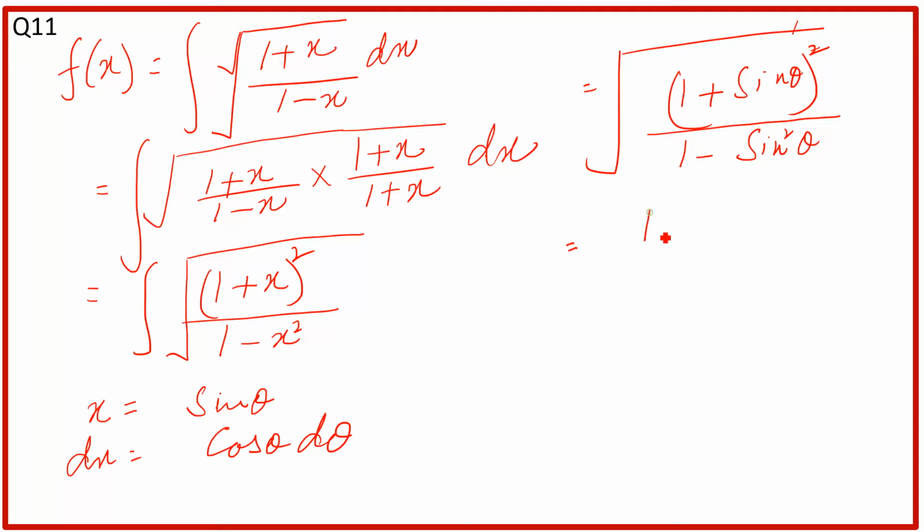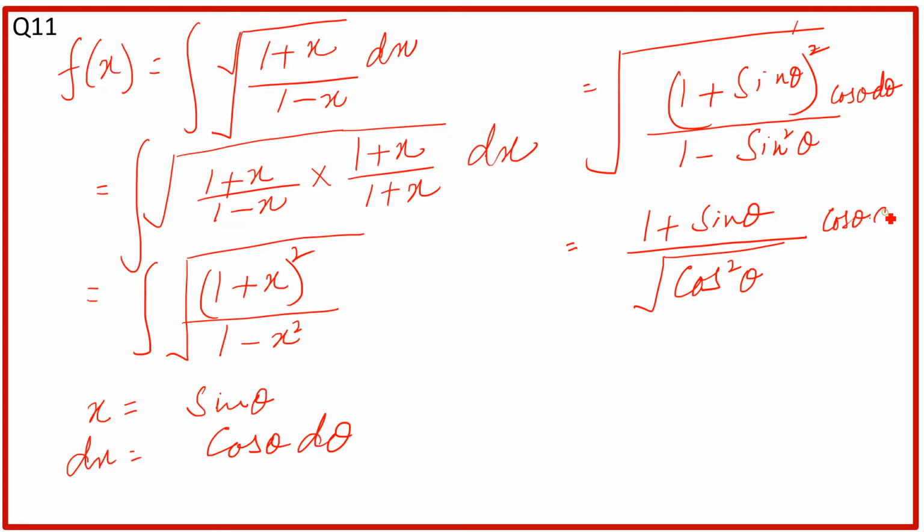In the numerator we have 1 plus sine theta, and in the denominator we have 1 minus sine square theta equal to cos square theta. So still we have the under root sign in the denominator, which is equal to under root cos square theta. And see here, this is dx as well. Instead of dx, you have to write cos theta d theta.